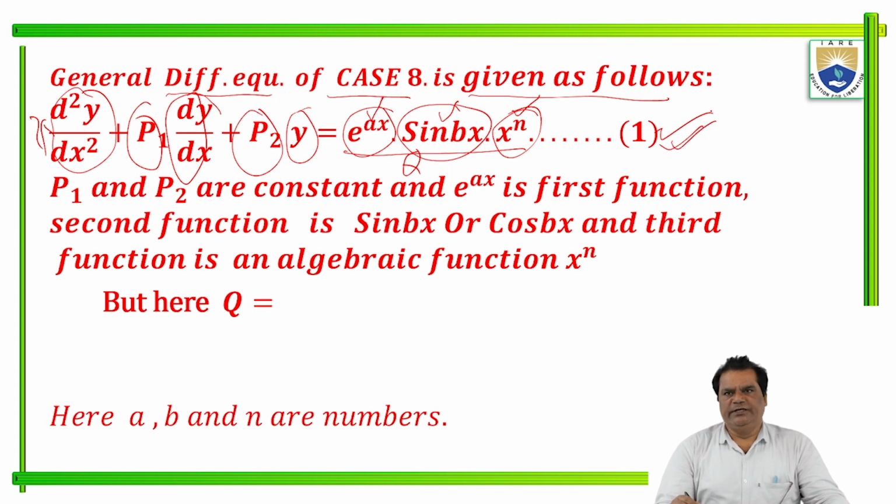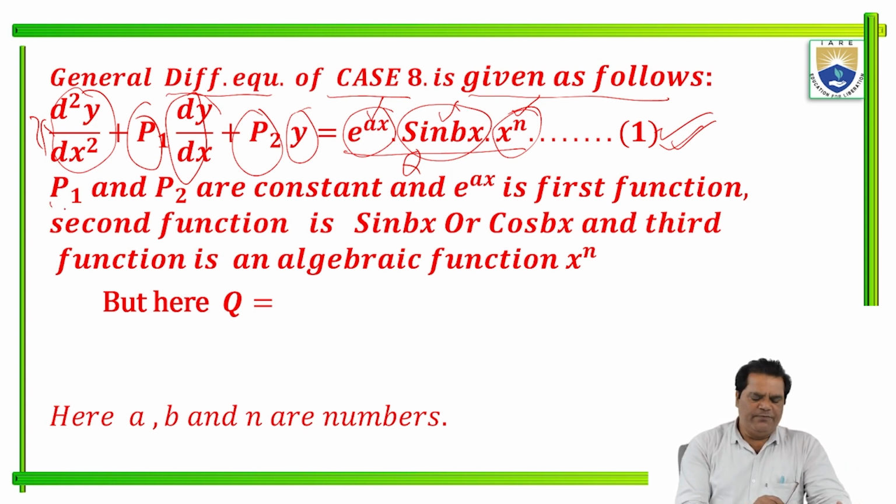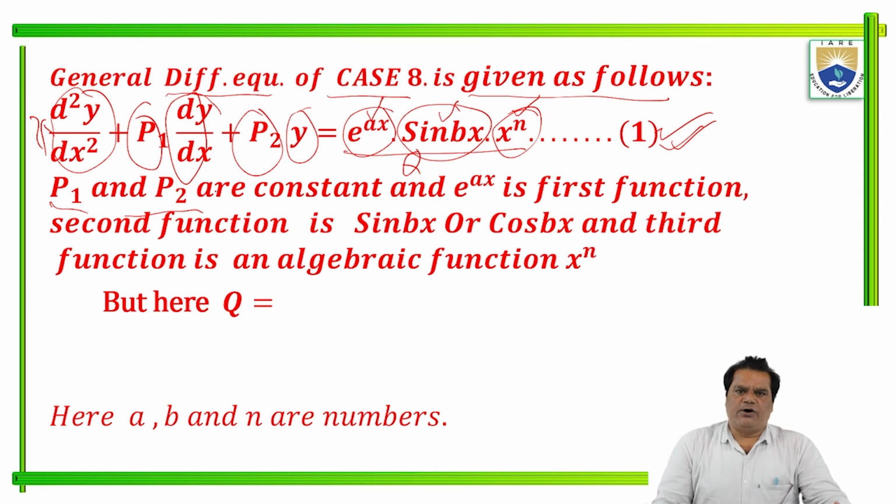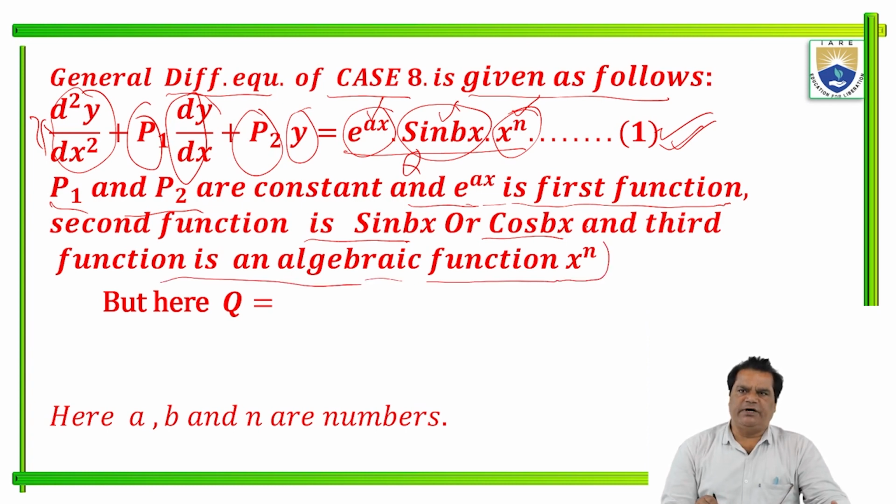So equation 1 is known as the general linear differential equation of second order with constant coefficient. Here p1 and p2 are constants, and the exponential function is the first function, the second function is sin bx or cos bx, and the third function is an algebraic function x to the power n.